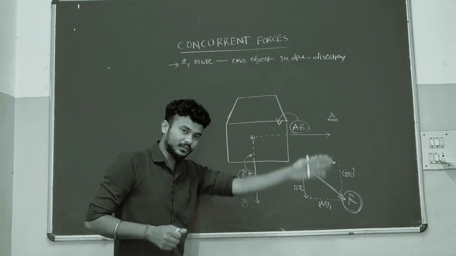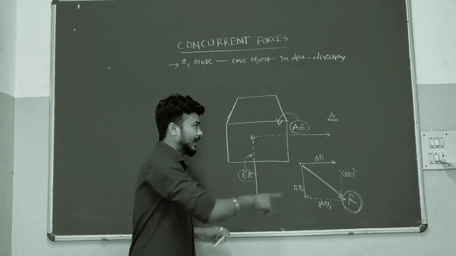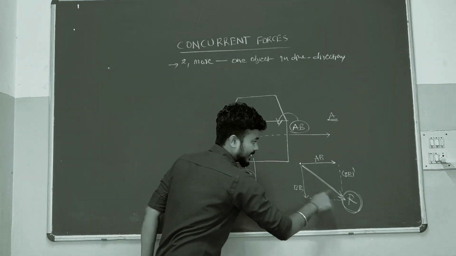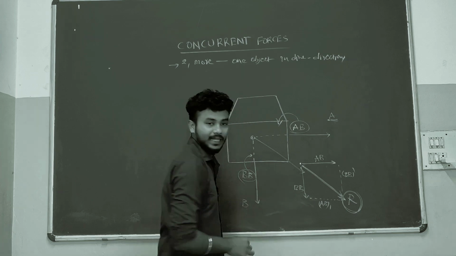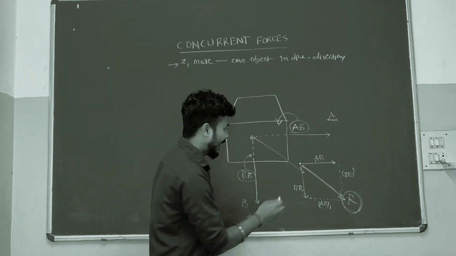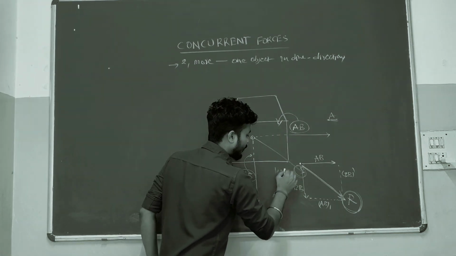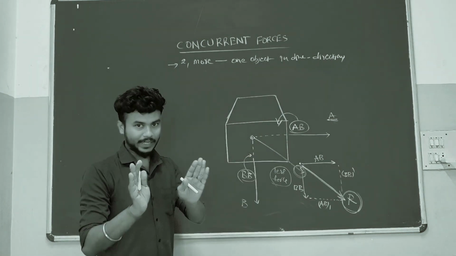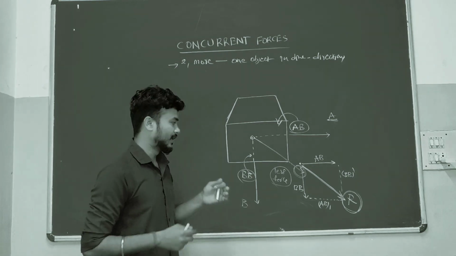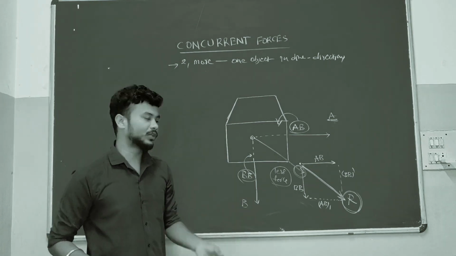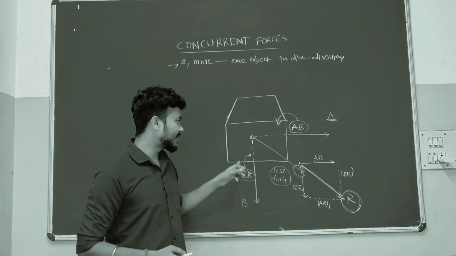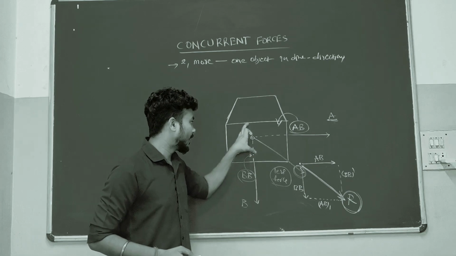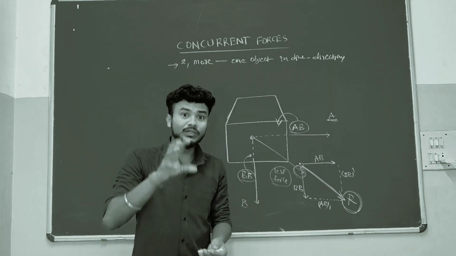What the concurrent system finally says is, instead of pulling on this side and this side, if you pull the object in this direction, we require less force compared to A and B. Again I am saying, in a concurrent force system, if your aim is to move one object, instead of pulling from this side and this side, if you pull from this side, the object will move very easily with less force.